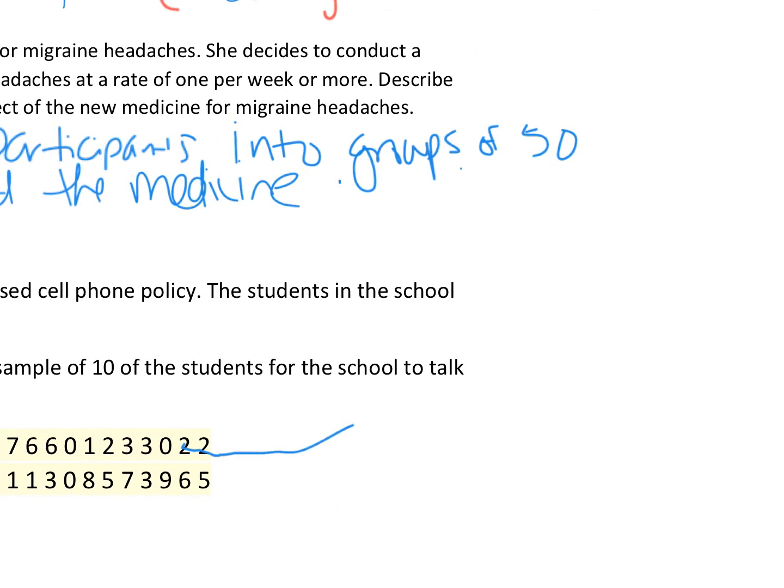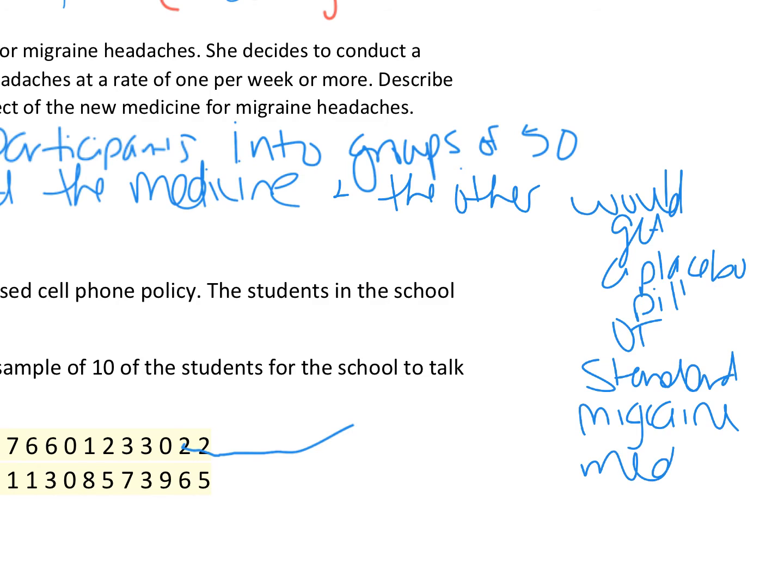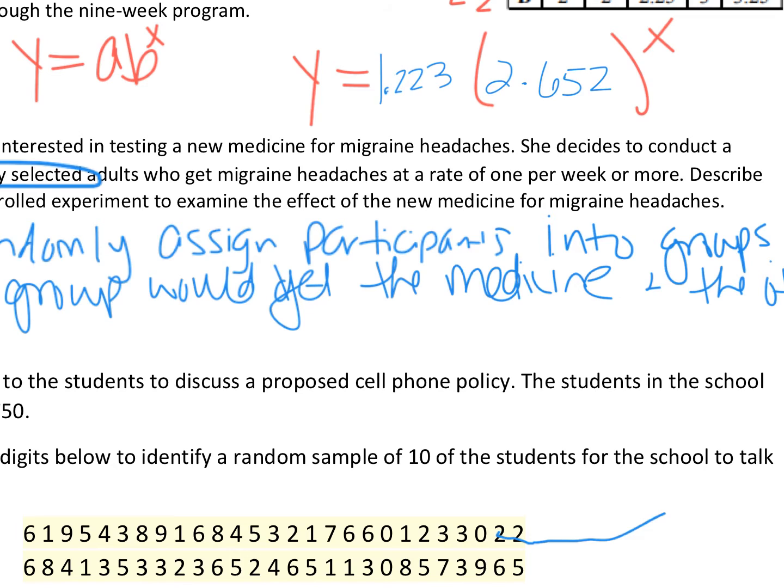And the other, you could either say would get a placebo, or a standard painkiller or migraine medicine. I should specify over here would get the new medicine.